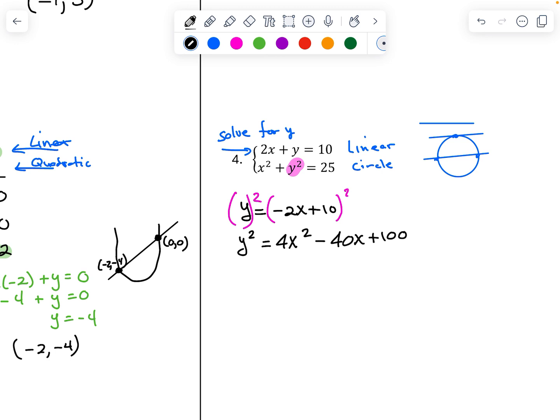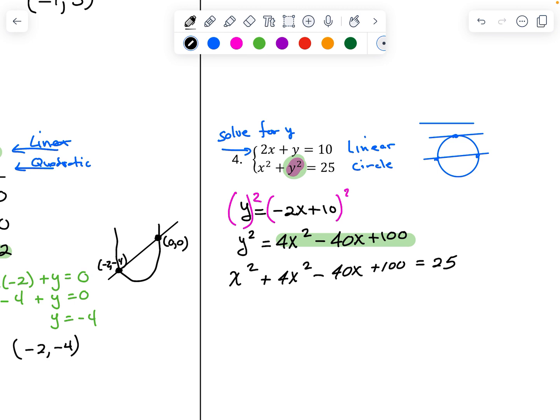And now that I know what y squared is, I'm going to substitute it in for y squared. So I have the equation x squared plus 4x squared minus 40x plus 100 is equal to 25. So if you followed that, I took this equation, which is what y squared is, and I put it in this place right here, which is where y squared is. And I did that math problem.